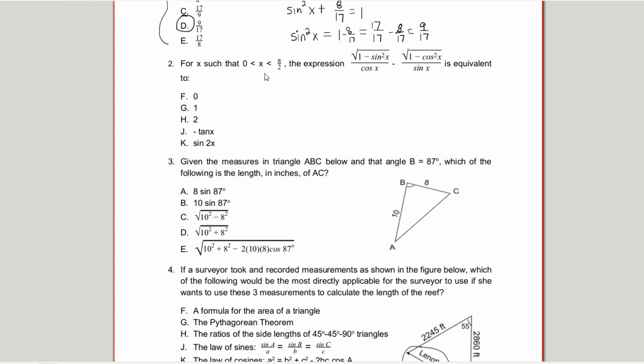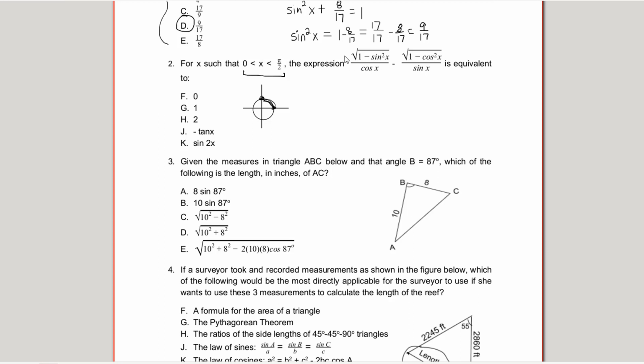So we're looking at values of x from 0 to pi over 2. And just as a reminder, if we're looking at a unit circle, when we're going from 0 to pi over 2, we're talking about this section right here in quadrant 1. That's what we're looking at.